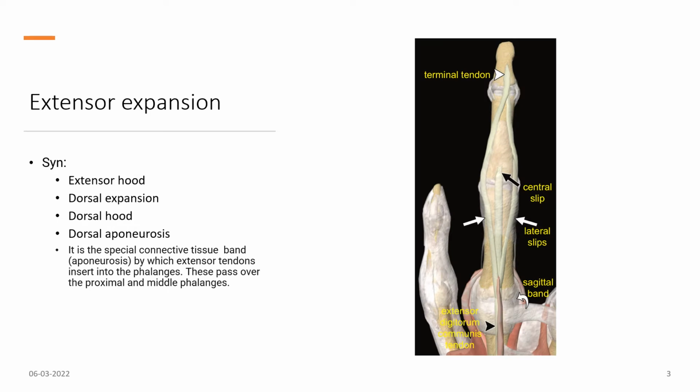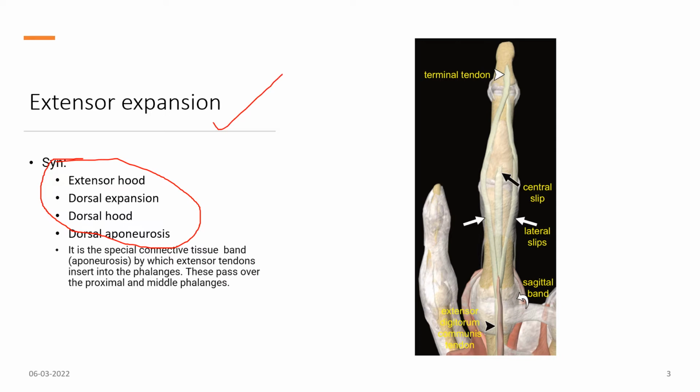So extensor expansion is also known as extensor hood, dorsal expansion, dorsal hood, or dorsal aponeurosis. All mean the same. These are all the synonyms for the extensor expansion.